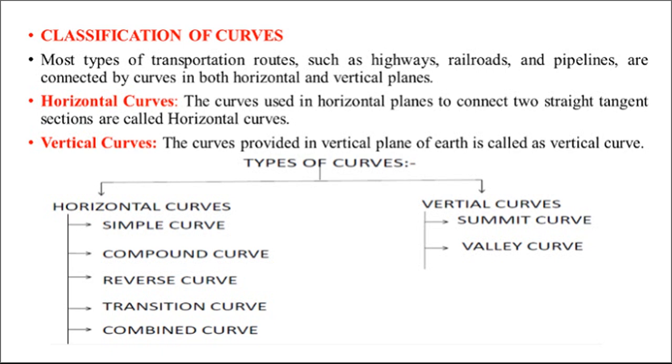So the curves are classified into two, horizontal curves and vertical curves. Horizontal curves are further classified as simple circular curve, compound curve, reverse curve, transition curve, and combination of all above. While the vertical curves are of two types, summit curves and the valley curves.